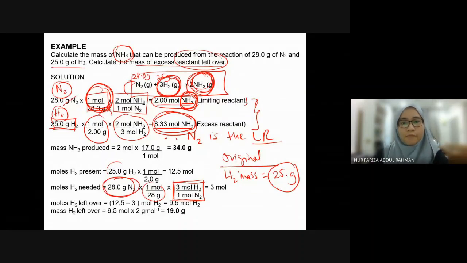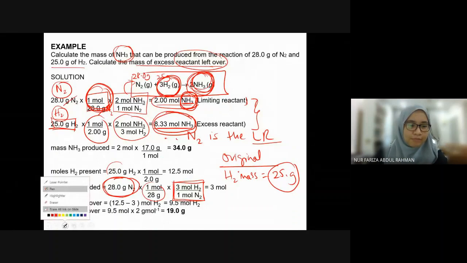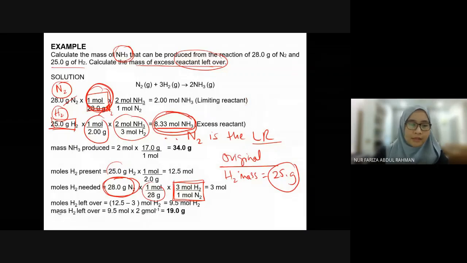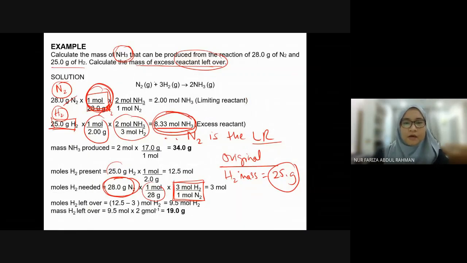From the equation, 1 mole of nitrogen will react with 3 mole of hydrogen.